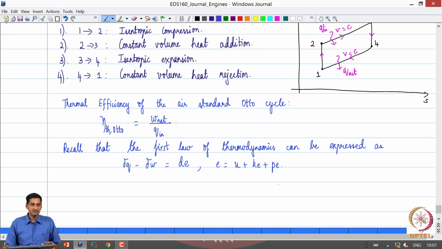So this is a standard form for the first law of thermodynamics that people will use.